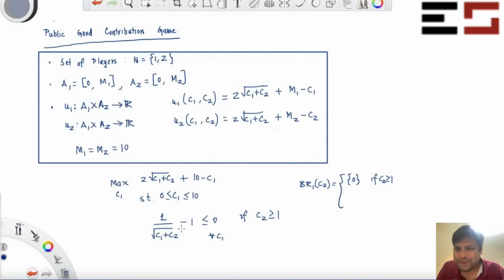You wouldn't want to contribute 0, because contribution is rewarding. So you will keep increasing your contribution till this term becomes 0. So if C2 is less than 1, the solution will be given by this equality. Is that clear to everyone?